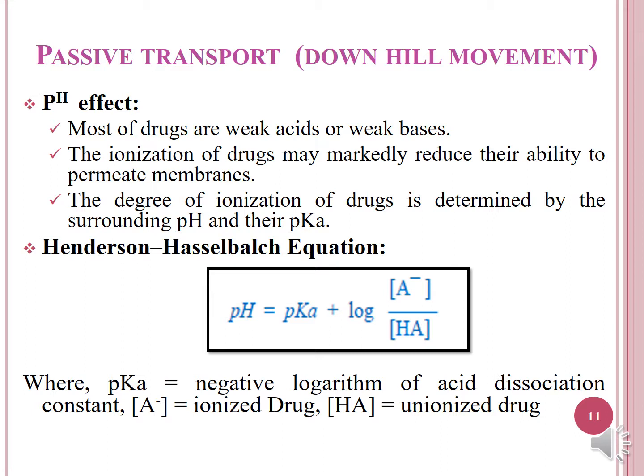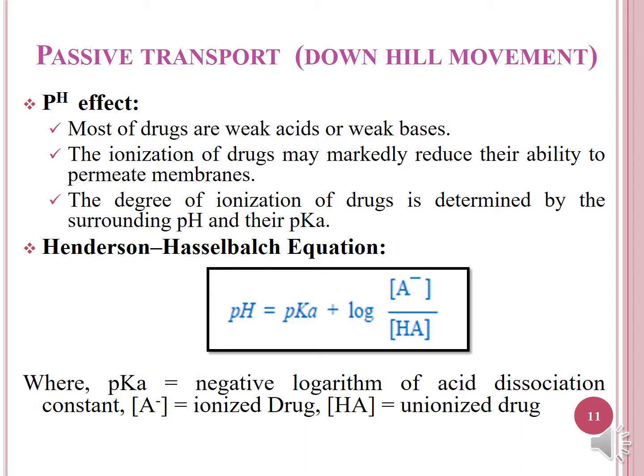So the pH effect: most of the drugs are either weak acids or weak bases. As I mentioned earlier, if we take the example of aspirin, which is basically a salicylic acid, it's a weak acid, or barbituric acid, which is also a weak acid. So these weak acids or weak bases, most of the drugs are, will get ionized in the particular environment.